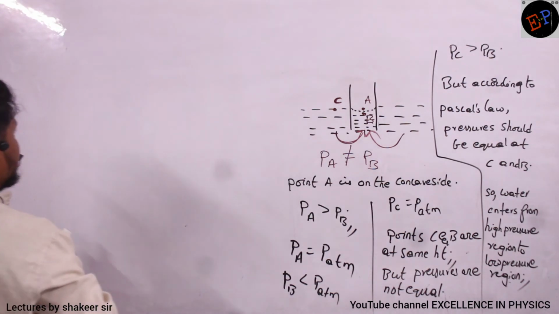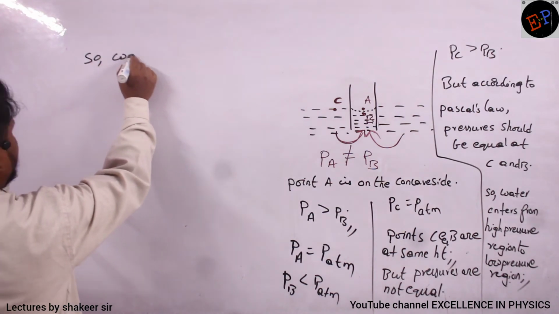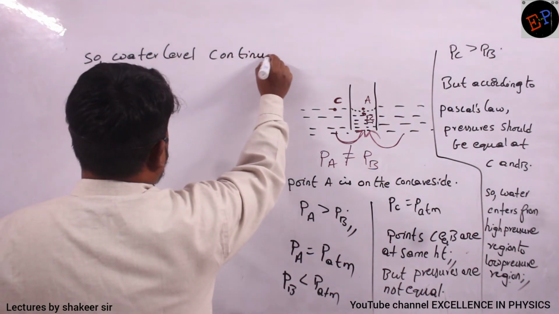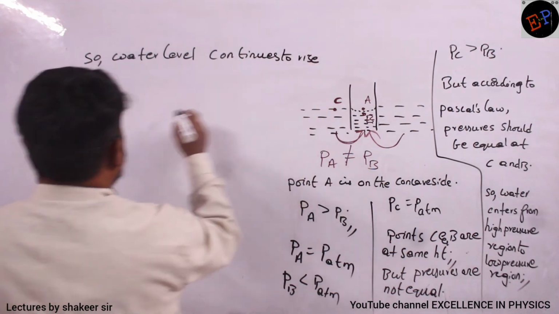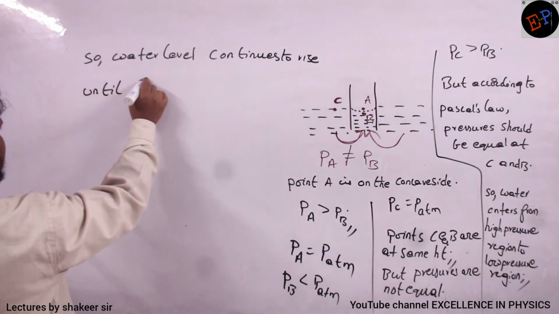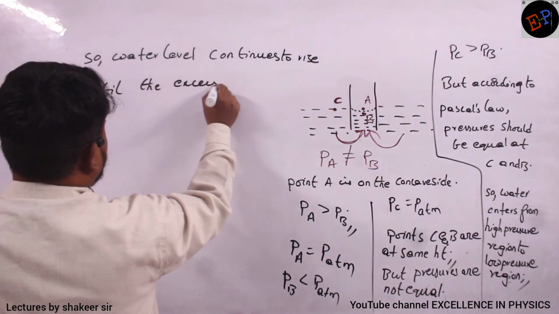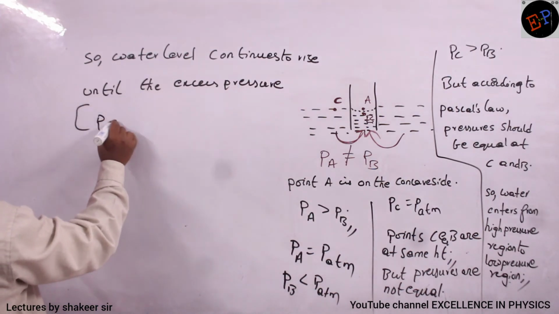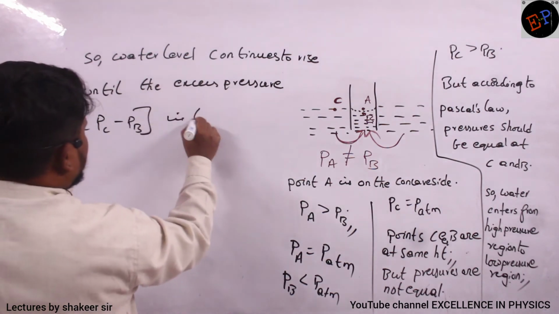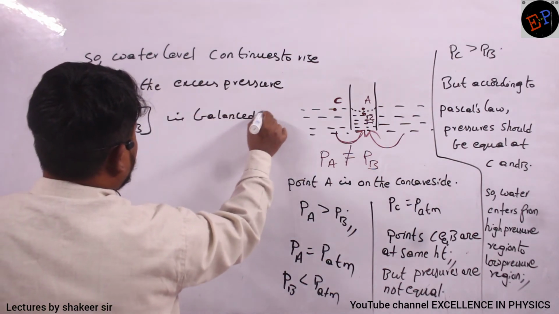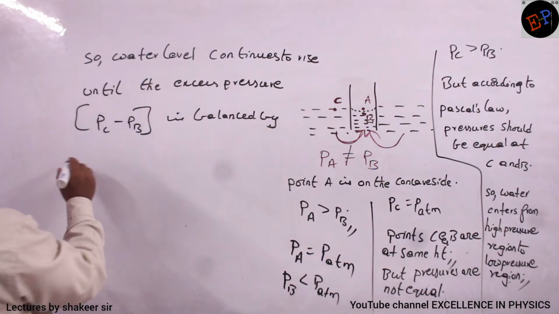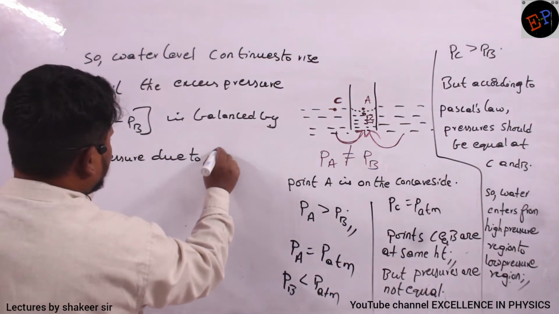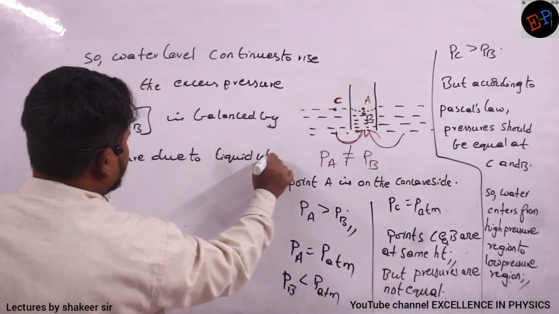So water level continues to rise until the excess pressure, which means PC minus PB, is balanced by pressure due to the liquid column.